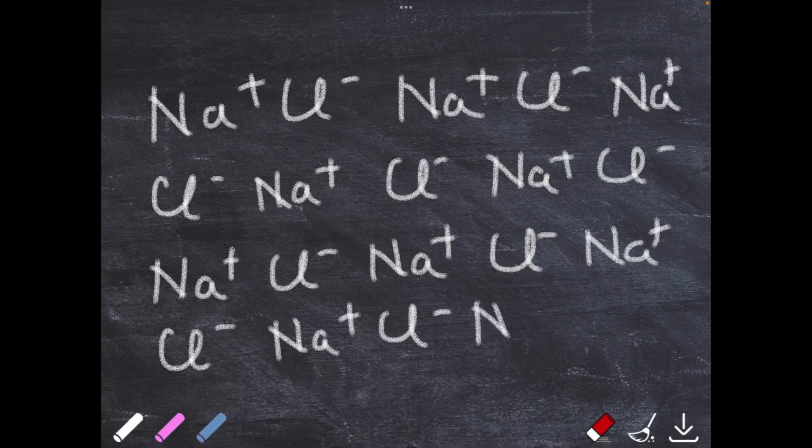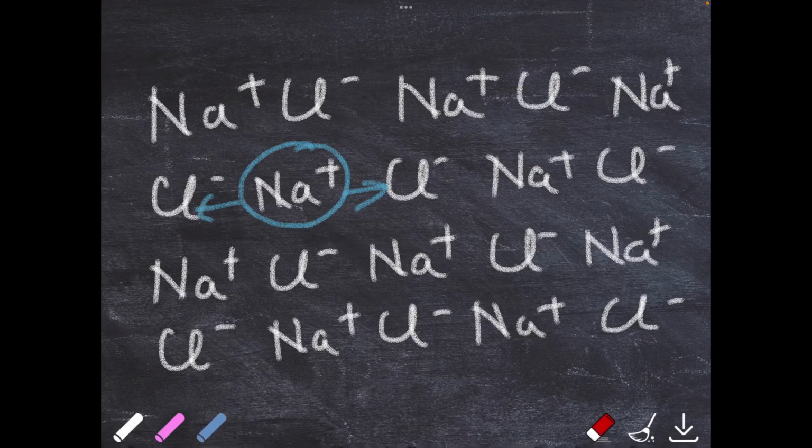You have this entire lattice. Now let me take one Na plus here. If you look at it, it is attracted by Cl minus on this side and it is attracted by Cl minus on the left hand side. And because attraction is equal and opposite, the net attraction on it is 0. Same way, it is attracted by Cl minus on top and it is attracted by Cl minus at the bottom also. So net attraction is again 0.